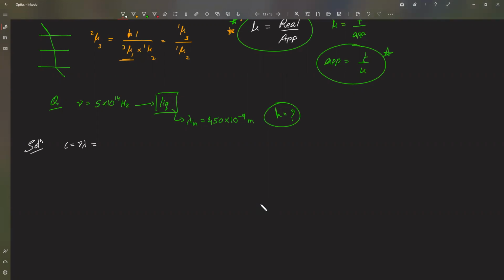So from this you will get lambda. So lambda in air will be C divided by nu. So C is 3 into 10 to the power 8 meter per second divided by frequency, which is 5 into 10 to the power 14. So done. This is lambda in air.